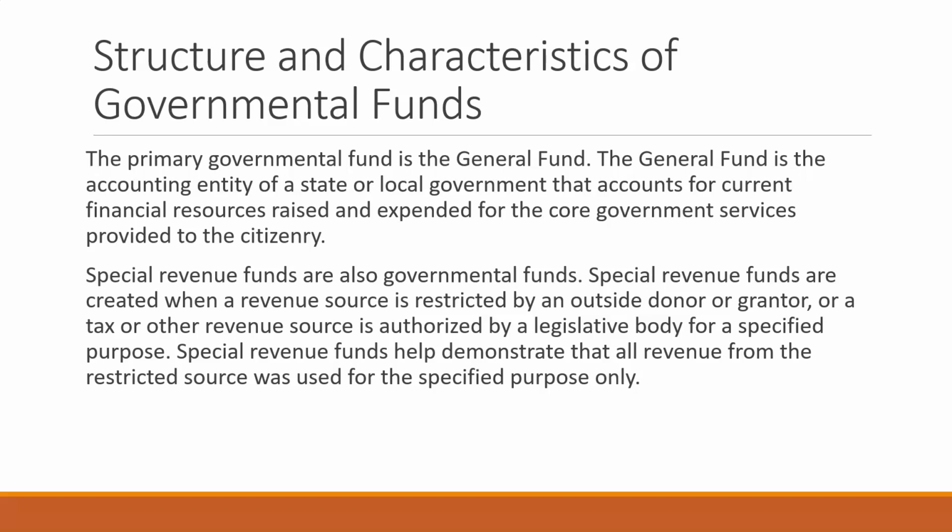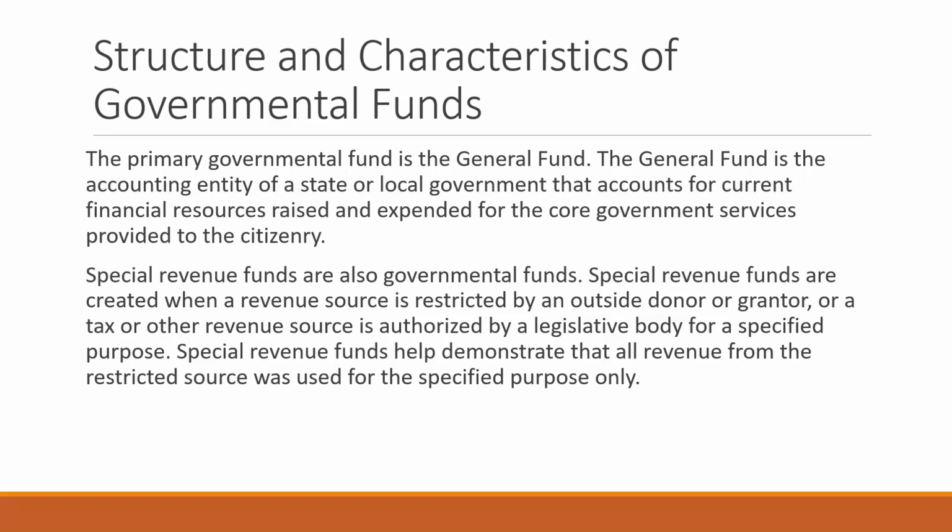Special revenue funds are created when a revenue source is restricted by an outside donor or grantor, or a tax or other revenue source. For example, that gas tax that I was talking about is a special revenue source where that tax is authorized by a legislative body, the federal government, for a specified purpose.